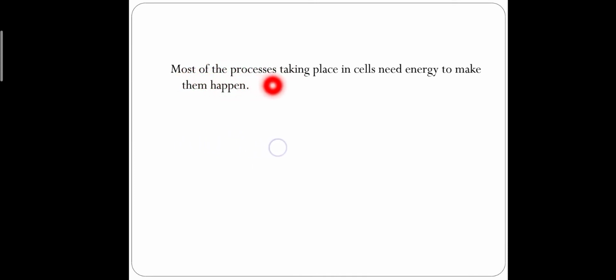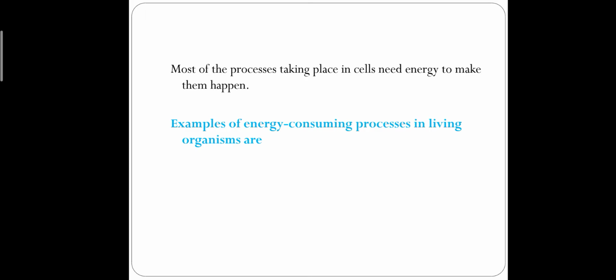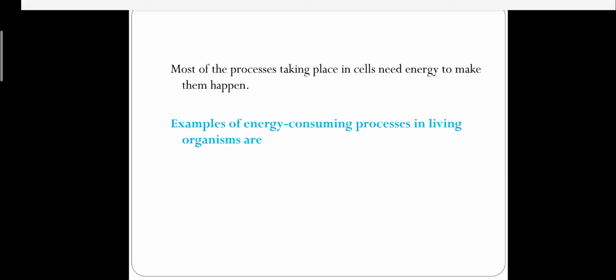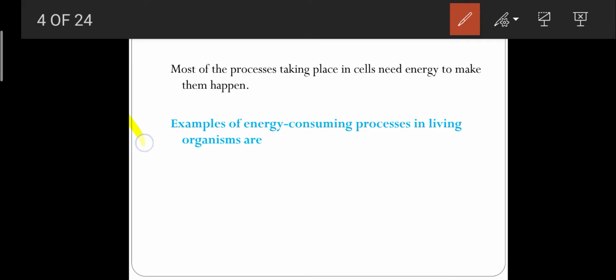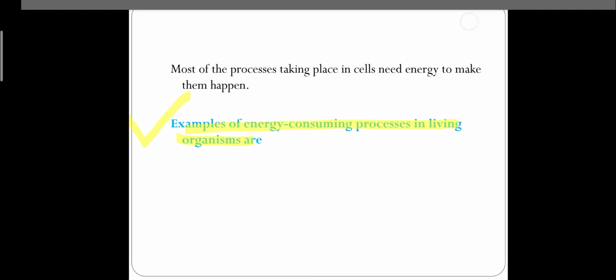Most of the processes taking place in the cells need energy to make them happen. Energy is needed to complete the processes. Now we will discuss some examples of energy consuming processes in living organisms.